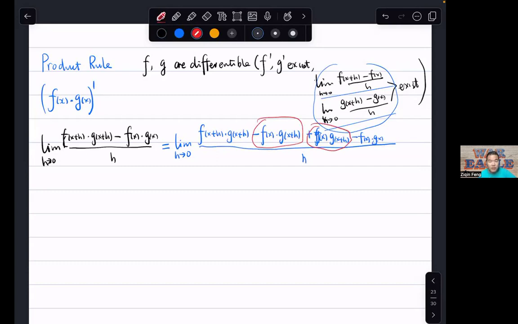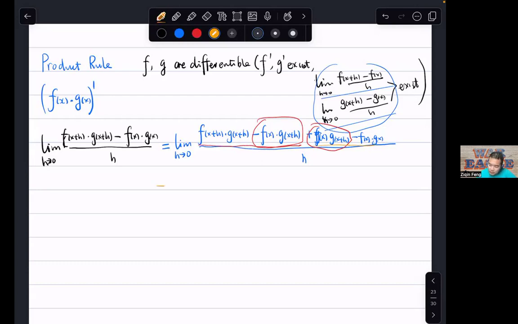After you put in this pair of terms, the first two terms have a common factor, which is g of x plus h. The second group of terms also has a common factor, which is f of x. You can bring out the common factors and do a distribution.